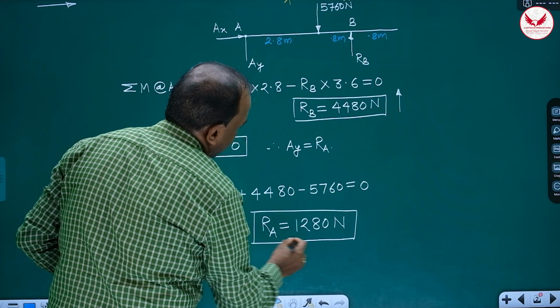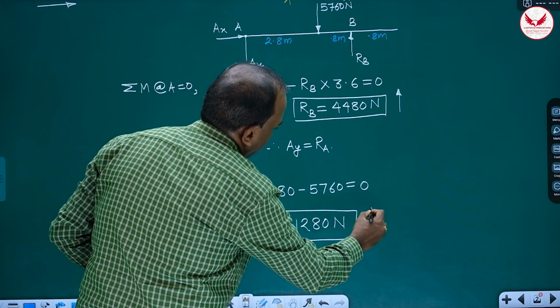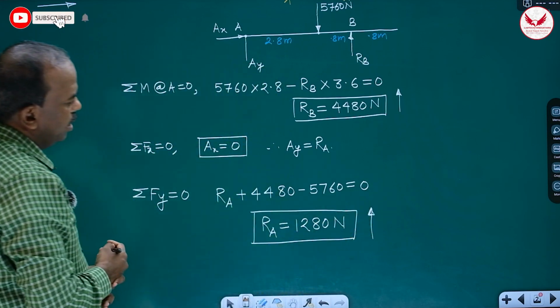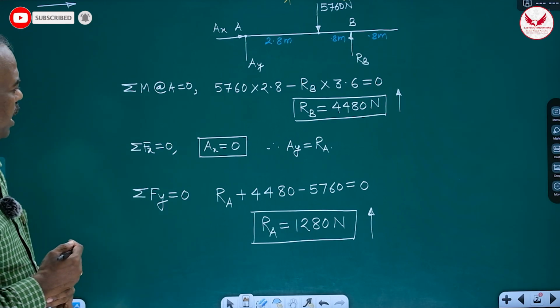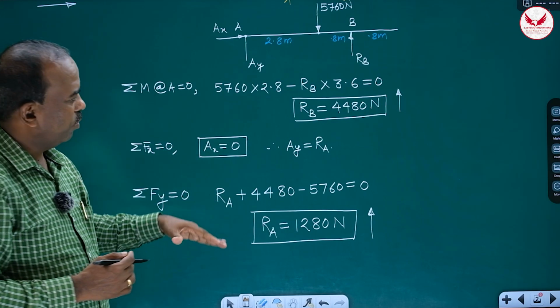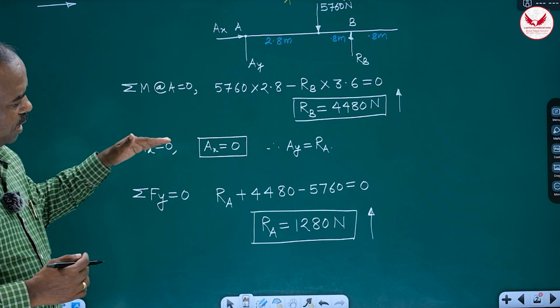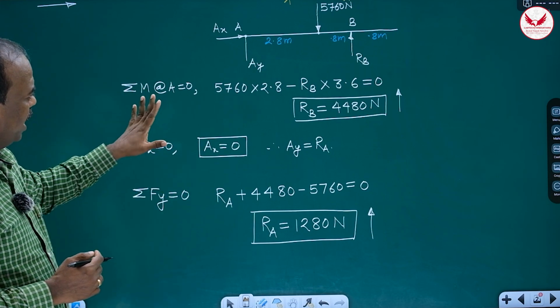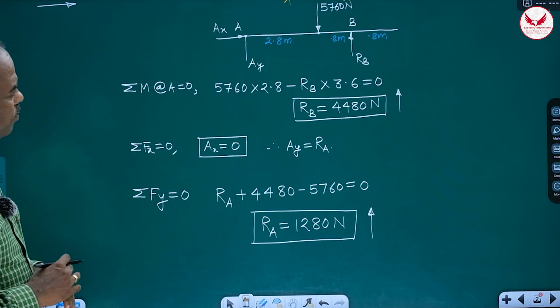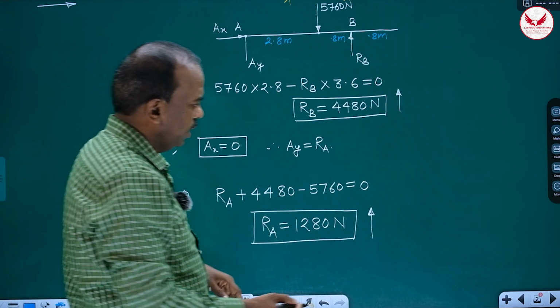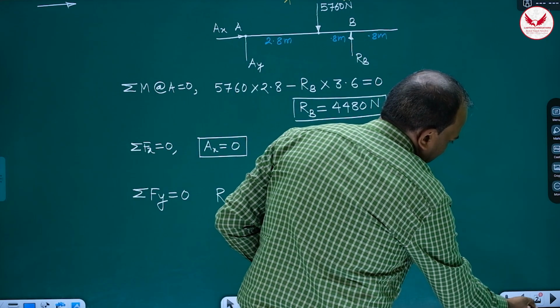So this is the reaction at A. Reaction at A is 1280 and the reaction at B is 4480 vertically upward. Means the problems on beams are very simple. Free body diagram, summation M, summation Fx, summation Fy is equal to 0. So again we'll see the third example also.